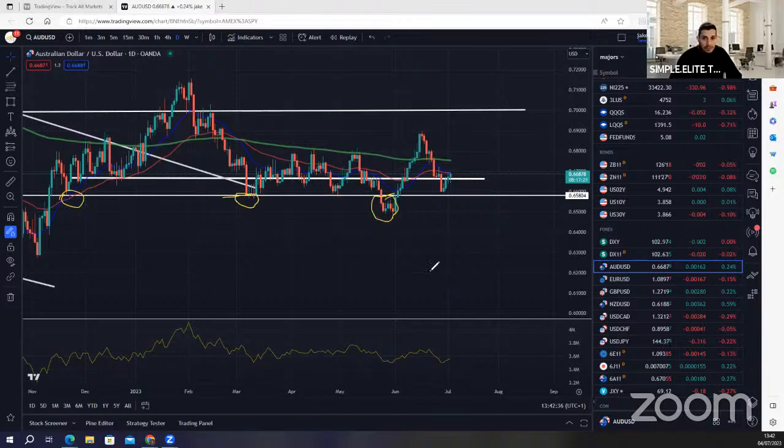This false breakout, and price came back to this level, 66, and then it started to go to the upside again. So I think it's a nice pullback to be on the long side until the 70 area.